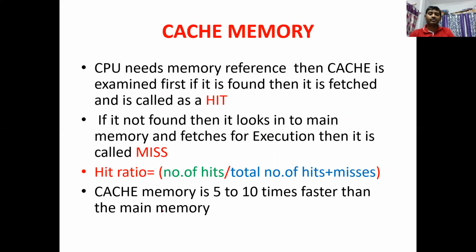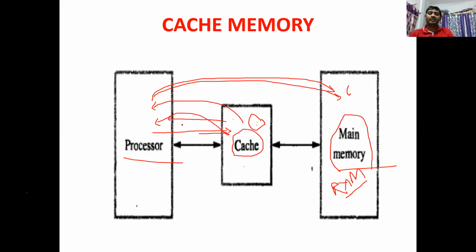Generally the hit ratio is calculated as the number of hits, that is, wherever a memory reference is available in the cache, divided by the total number of hits plus misses. Hits plus misses means the total number of memory references made. For example, the CPU wants to execute 3 instructions.